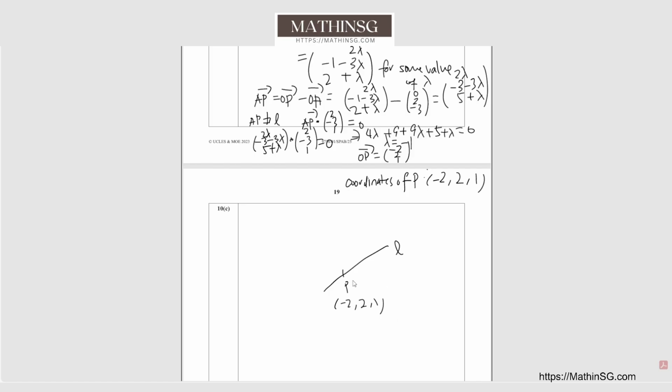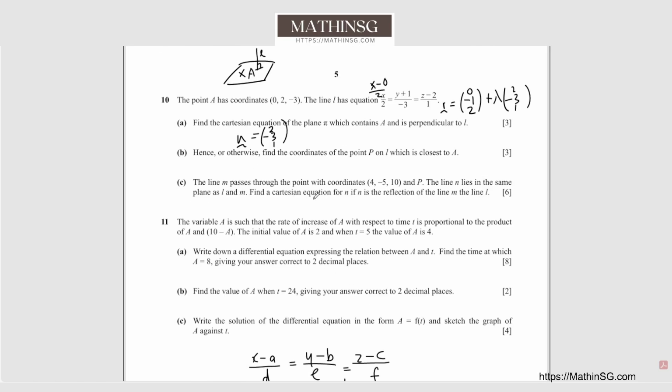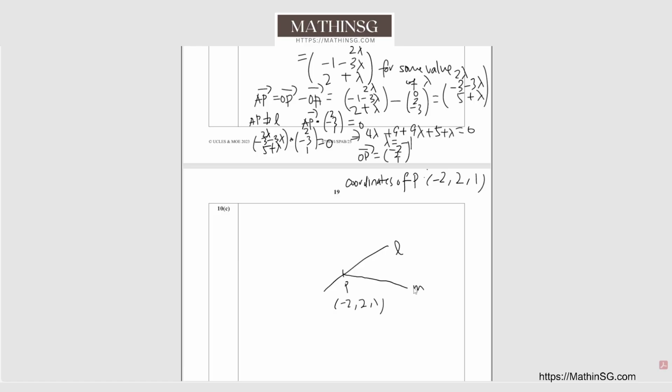Then I know that this is line M. And line M also has another point, which is (4, -5, 10). Okay, so this is what I have.